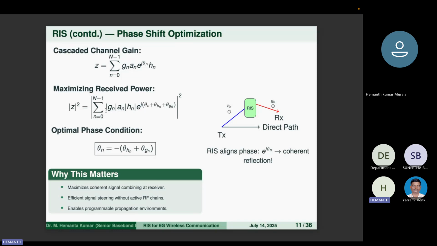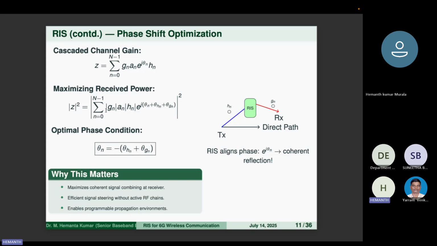These two are the phases of the transmitter channel and the receiver channel. In my system I know the phase, so I substitute, and then all the exponential terms become 1. So g of n, a of n, h of n are just magnitudes. Clear? We already know g of n, h of n, and a of n.